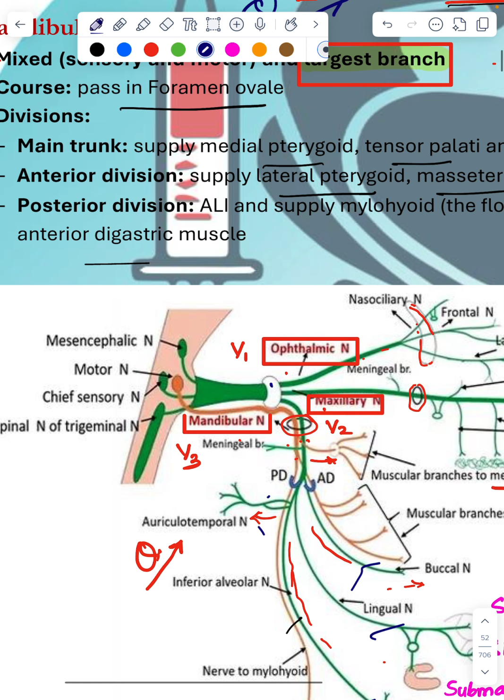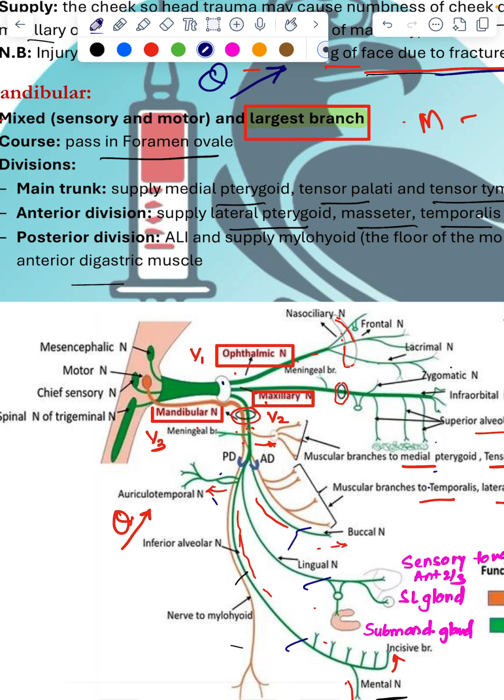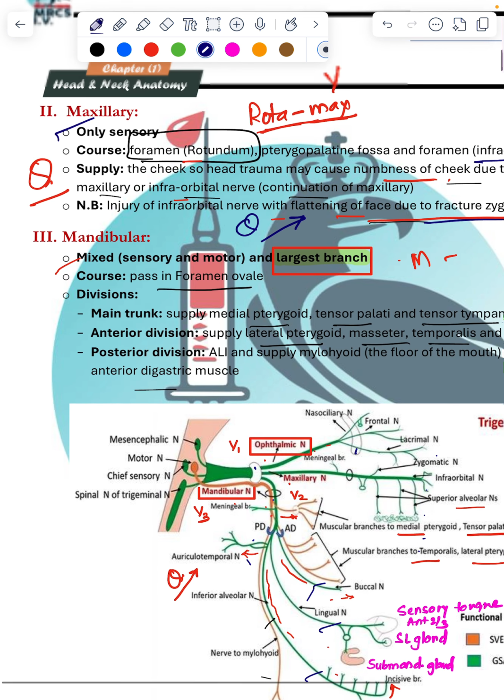Here again you can see the ophthalmic, maxillary and mandibular divisions. If you enlarge, here is the superior orbital fissure. This diagram is for the superior orbital fissure, this one is maxillary passing through the foramen rotundum, and this one is mandibular passing through the foramen ovale. So three divisions like this.